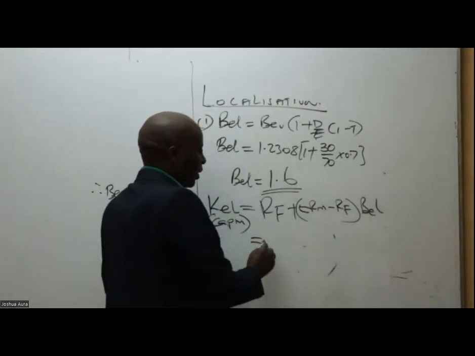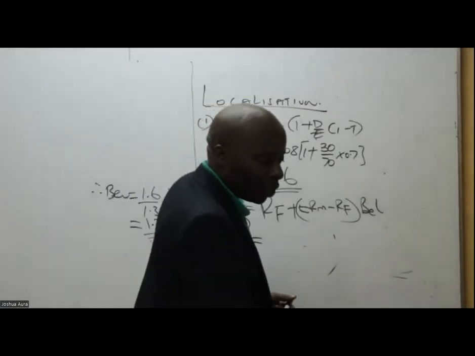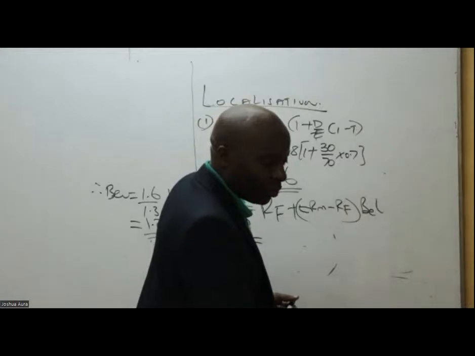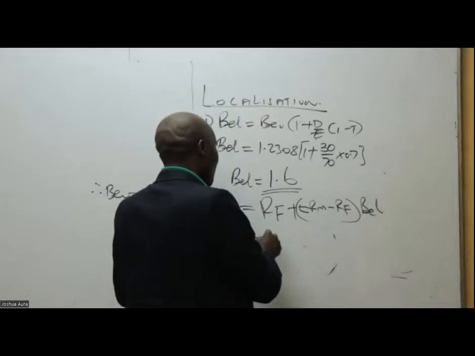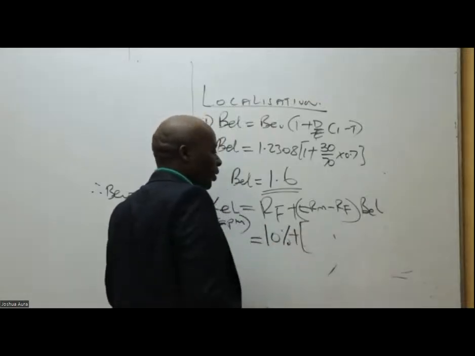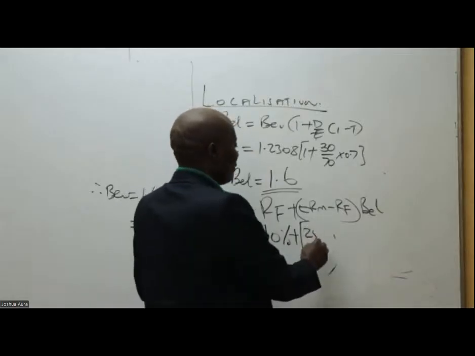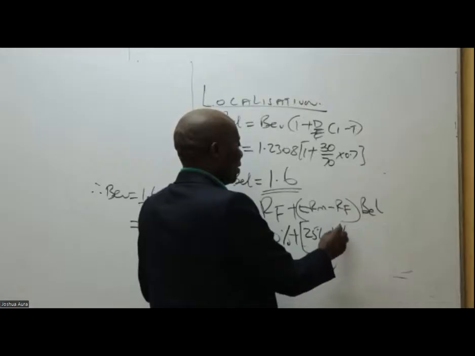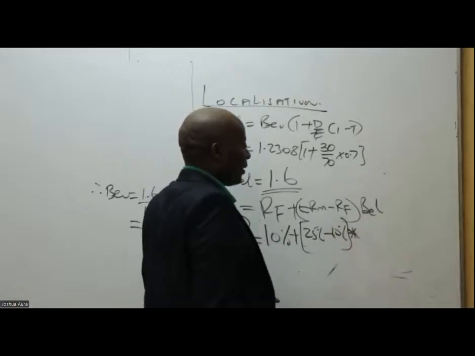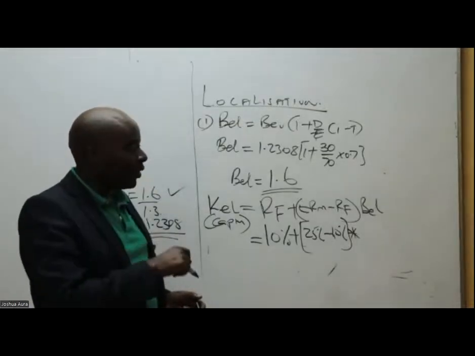Can somebody remember the risk-free rate of return? It is 10. Plus the market return of 25 minus 10%, multiplied by beta equity of the levered organization.